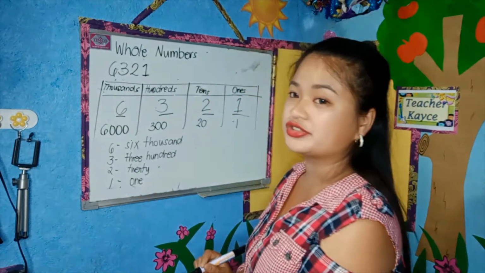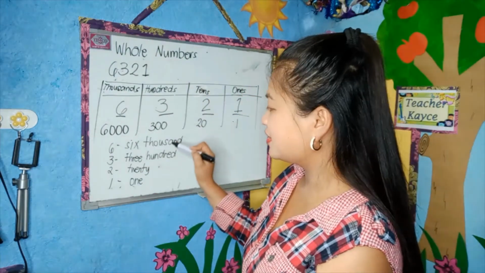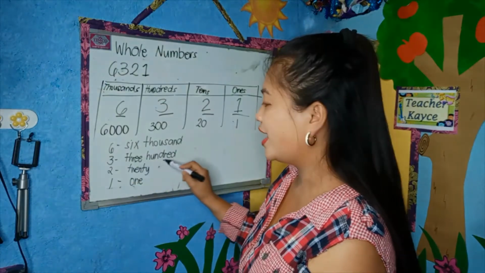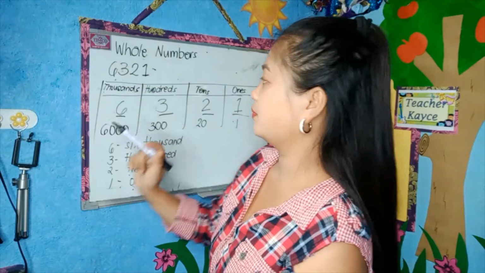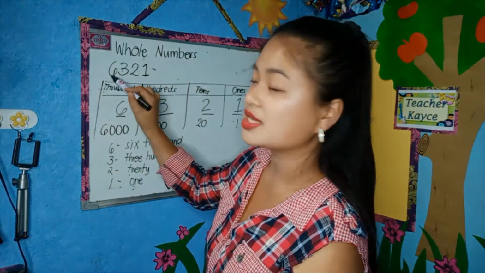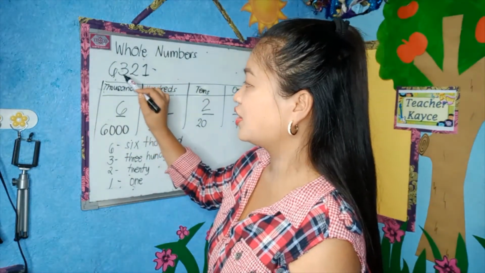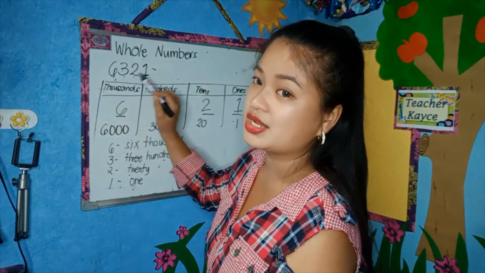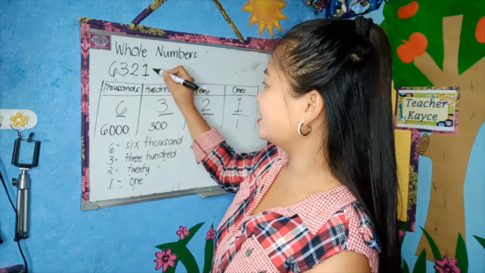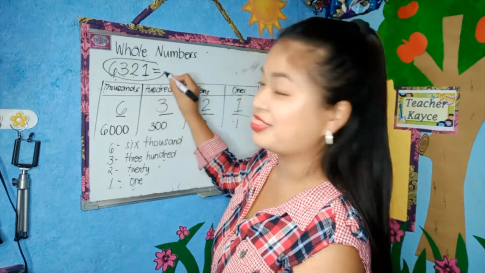So let's try to read it. 6,321. So that's your whole number.